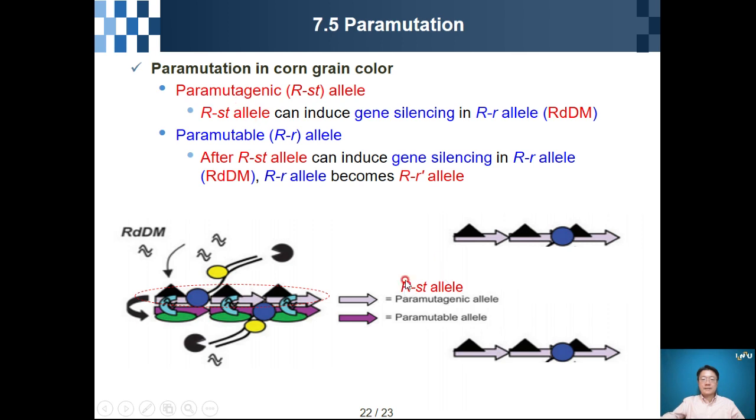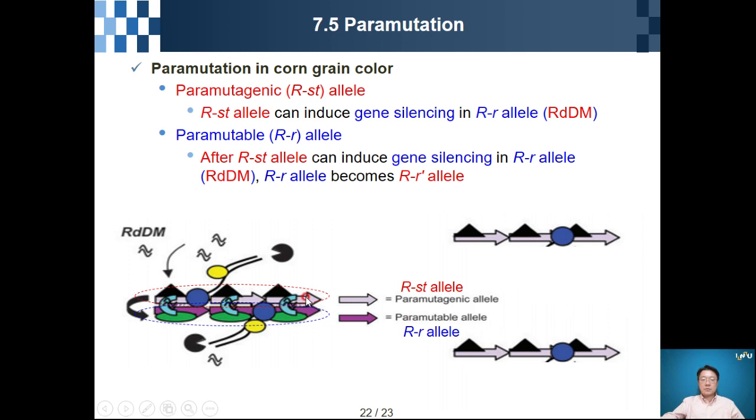We call it the paramutable allele, the R and small r allele.